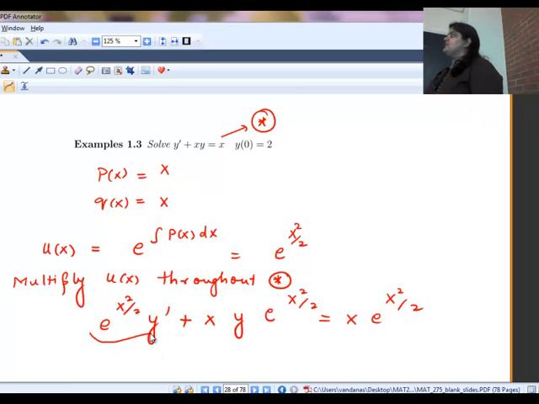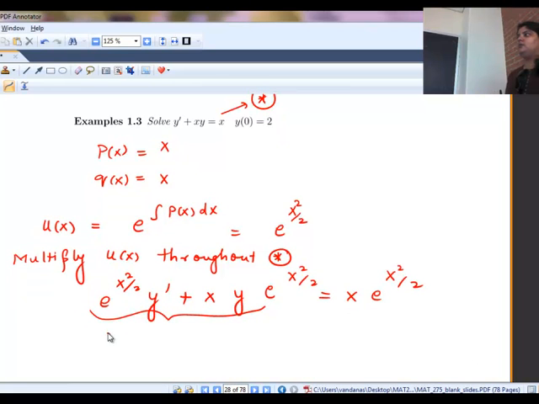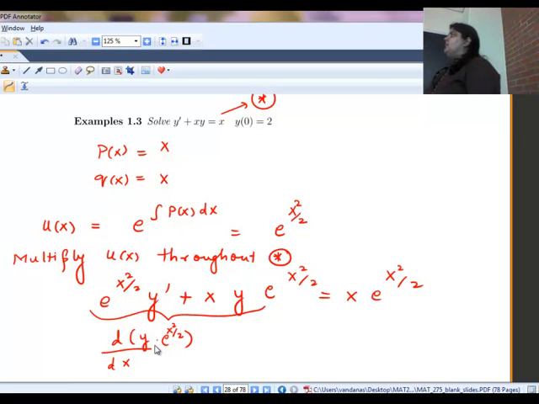What are these left hand side two terms? d by dx of what? d by dx of y times e to the power x square over 2. Is it right? This whole left hand side is nothing but the derivative of y times the integrating factor.